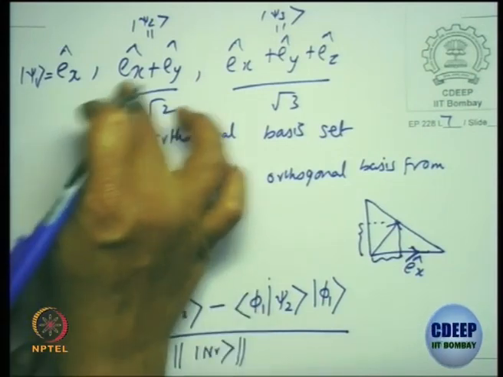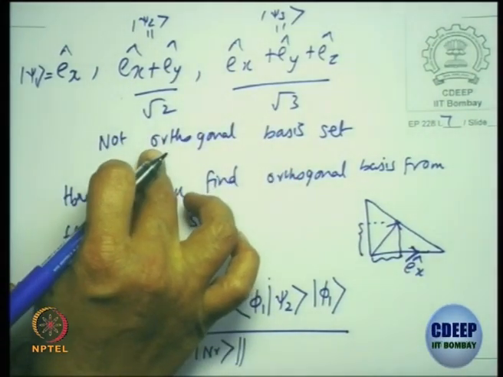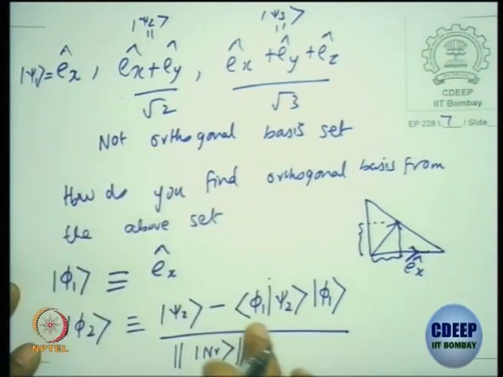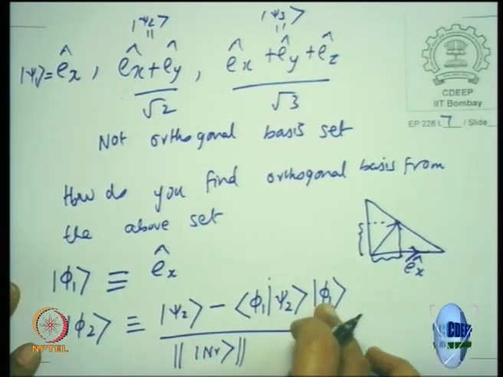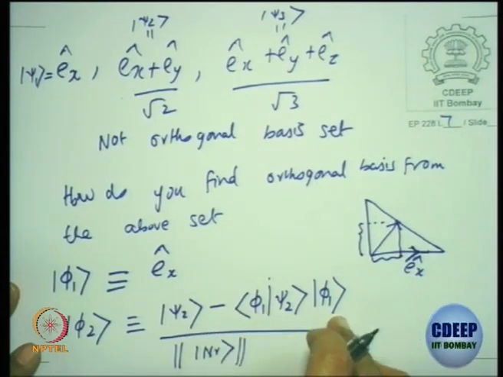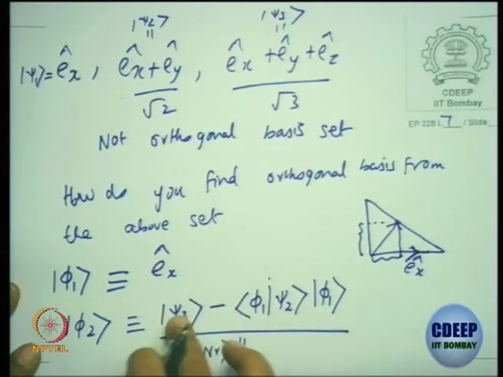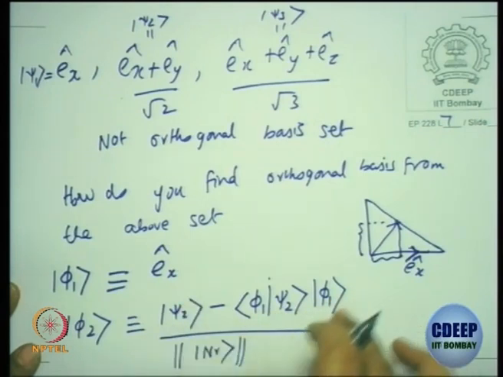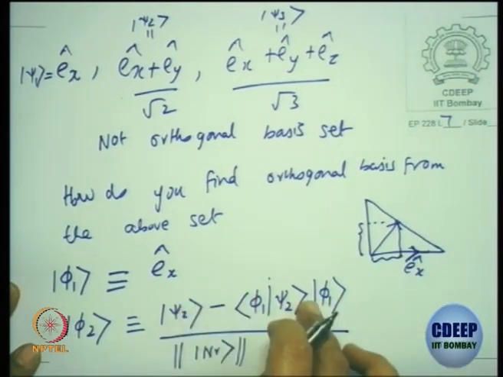Psi 2 is Ex plus Ey by root 2. You take a dot product with Ex, right? And then this is Ex. Dot product with Ex will give you a 1 over root 2 and then this is Ex. Ex plus Ey by root 2 minus Ex by root 2 will become Ey by root 2.